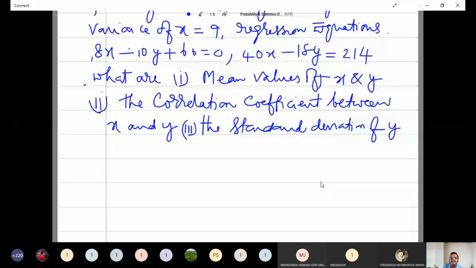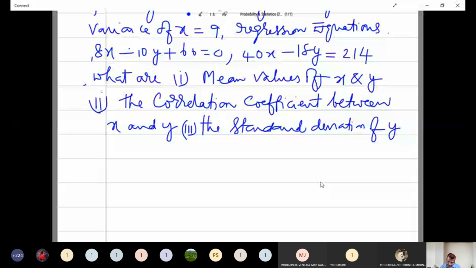But we have to observe that y minus y bar is equal to r into sigma y by sigma x into x minus x bar. We have to rewrite that equation.